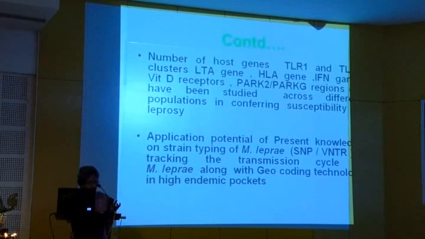Will it be useful in transmission? Can you use this technology in studying transmission, probably along with a geocoding system? Because you have to identify a cluster with some different strains, or whether a strain is responsible for transmitting the disease from one area to another.